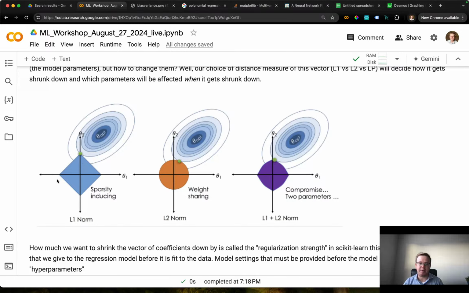The edge of this diamond represents the longest vectors I can make of a fixed length stretching in any direction. This is the L2 norm. And this over here, it's called the L1 plus L2 norm. This is actually the L equals 1.5 norm. And this funky shape, some say it looks like a net that's getting cast out into the water, maybe an elastic net.